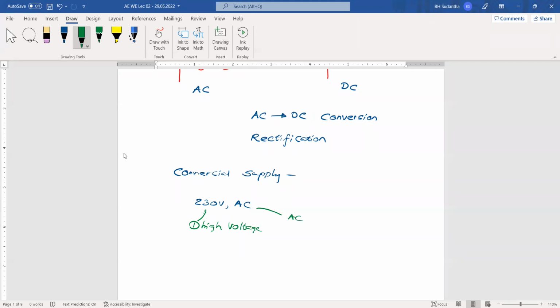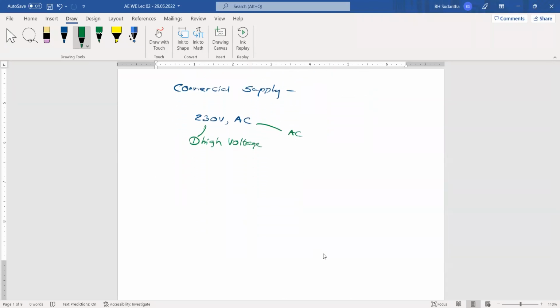But when you consider the normal electronic devices, for example, your mobile phone, your laptop, or whatever the electronic devices, they don't work with this much of higher AC voltages. They need low DC voltages.